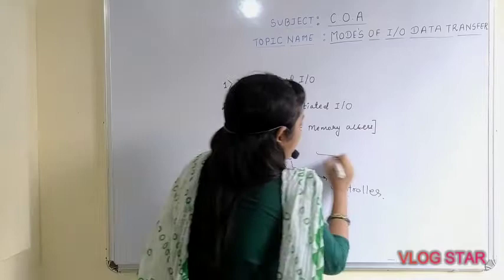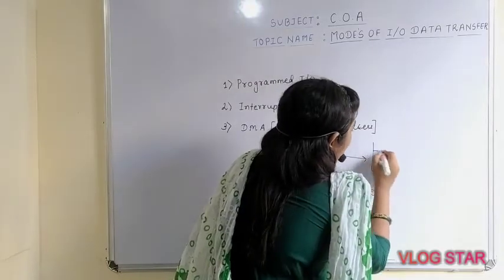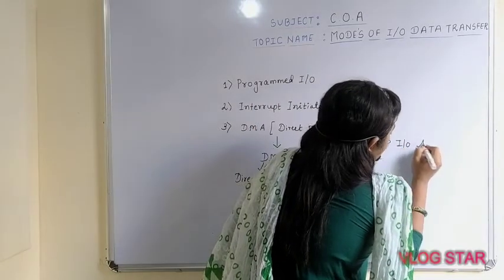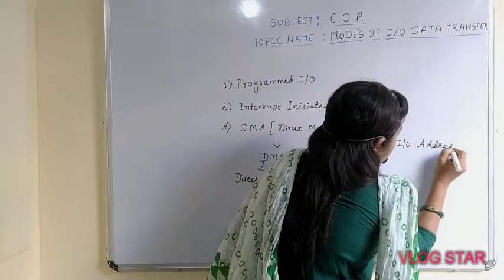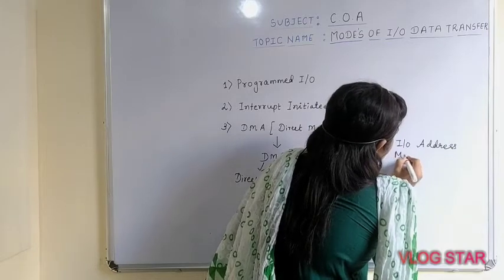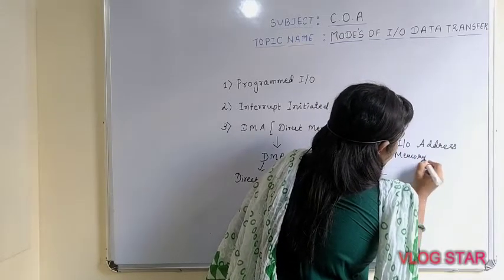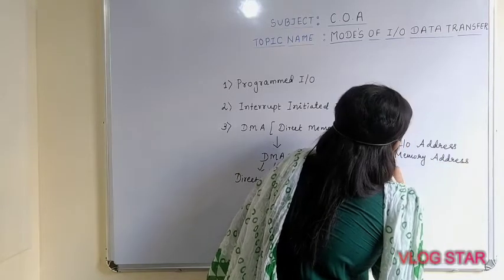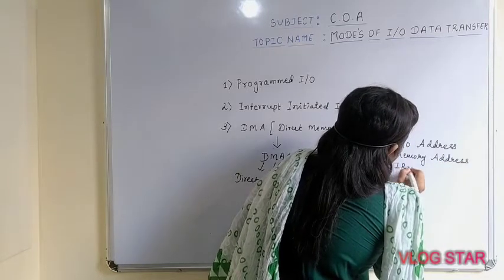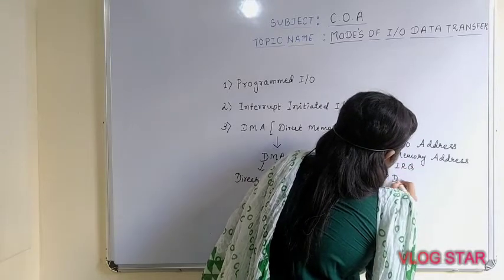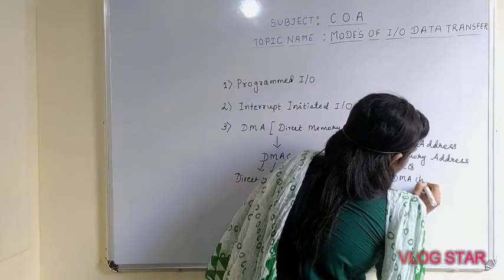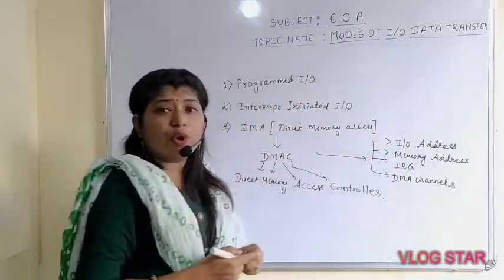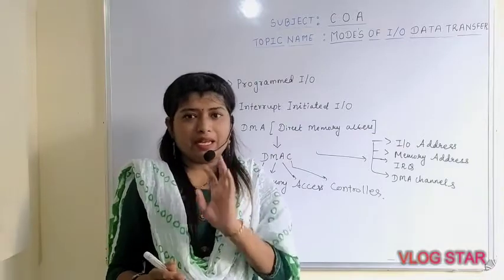Under the DMA, you have to remember four important tools. The first one is IO address, the second is memory address, the third is IRQ, and the last is DMA channels. IRQ stands for interrupt request number.